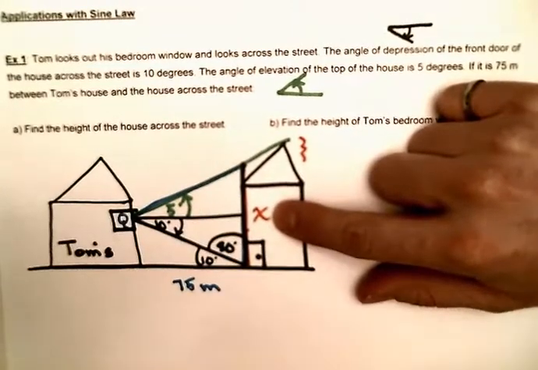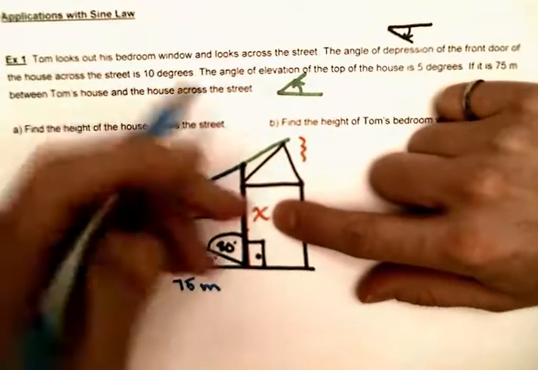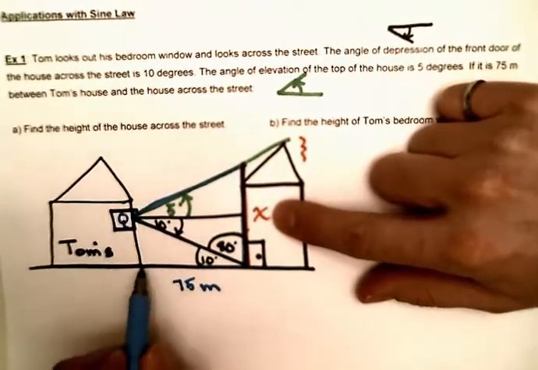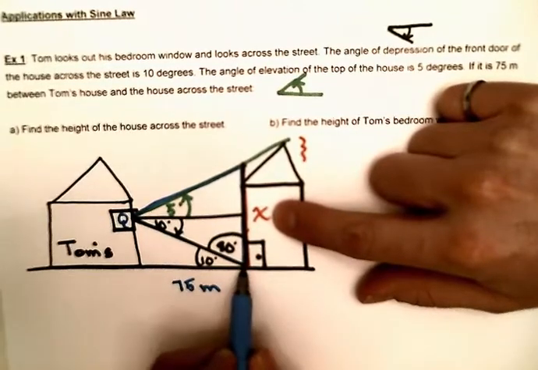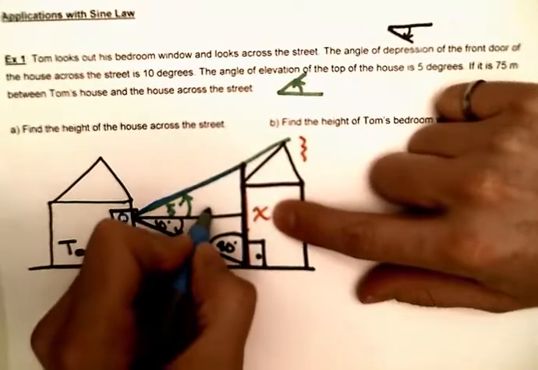And also, we can actually use another side of this triangle, but it's going to require some work. Okay, with only having this angle known and this angle known, and we want to find side X, we're going to need another side. So first off, let's notice this. This length here is 75, which means this length here is also 75.